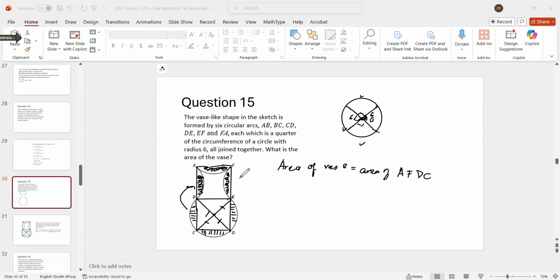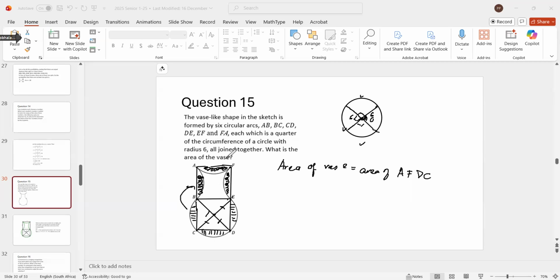And this is the rectangle. I just cut out those pieces and put them in, and you create the rectangle. This goes inside the rectangle. This outside part goes inside the rectangle, and this outside part goes inside the rectangle. And that way you're making up the rectangle using parts of the vase. So it's the same area.